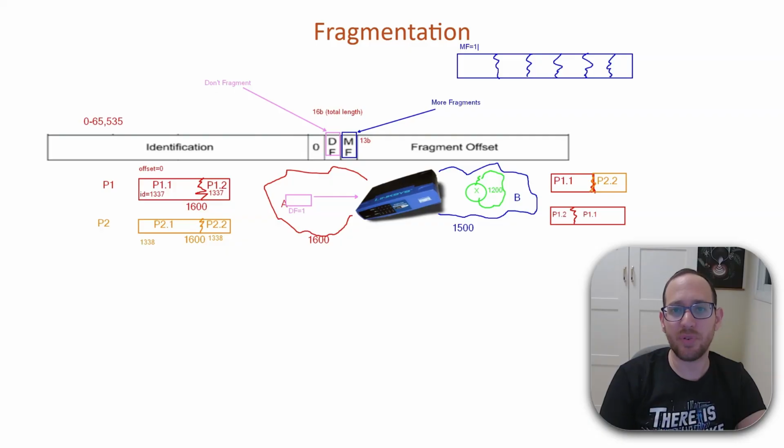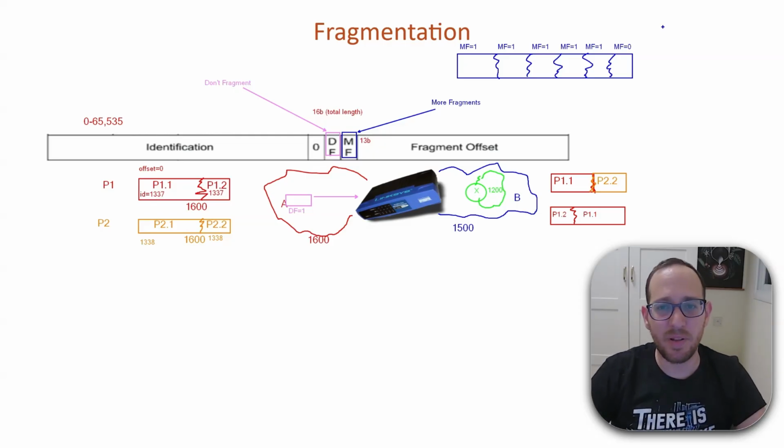Yes, there are more fragments coming. MF equals 1, MF equals 1, and so on. The very last one would have MF equals 0, which means there are no more fragments on the last fragment.